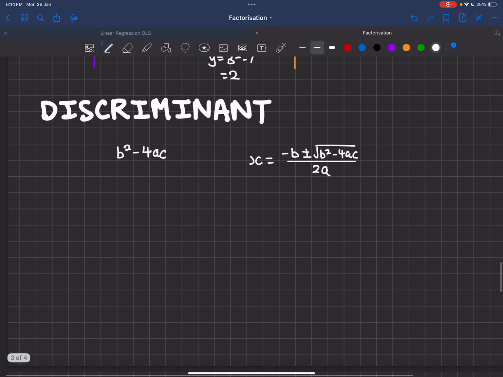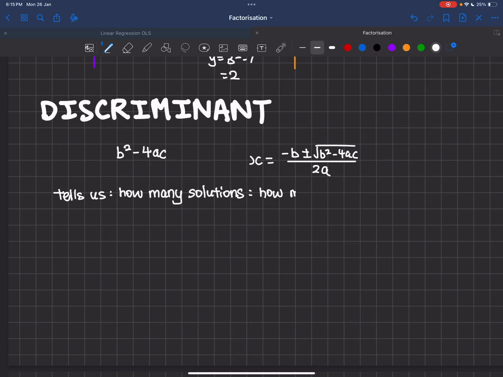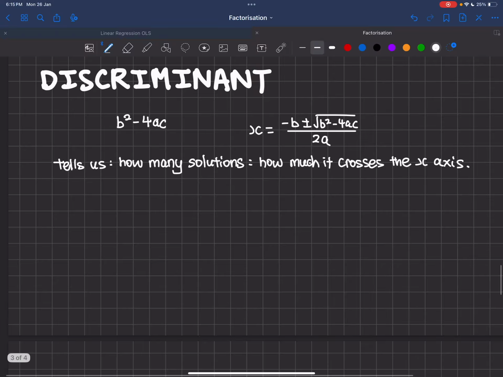So what this tells us is how many solutions. Intuitively it is how many times it crosses the x-axis. So how many intercepts?